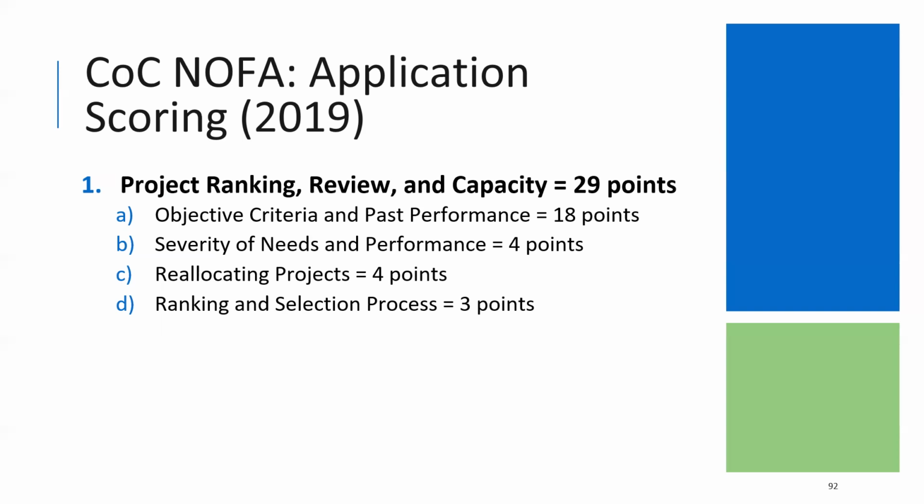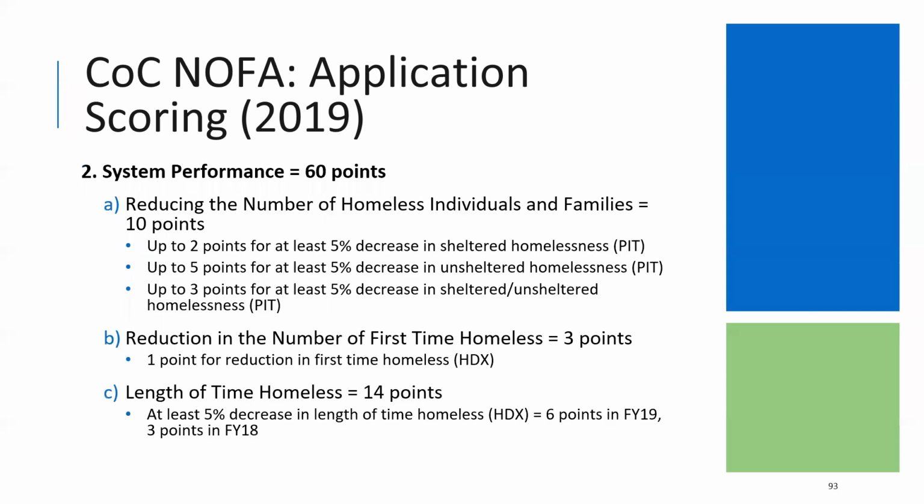HUD wants to see that CoCs are reallocating projects and funding the most effective projects. And HUD actually looks at what percentage have you reallocated over a certain number of years. That can either be voluntary or involuntary reallocation. And then your ranking and selection process. Do you have a transparent process for how you are ranking projects?